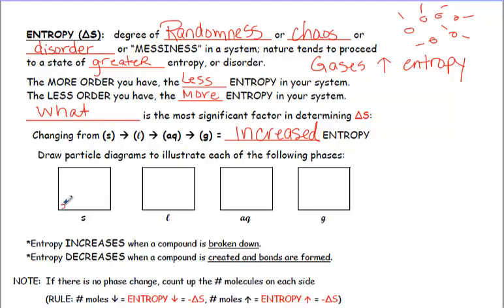So a solid, you would have a nice, compact, ordered system here. Virtually no entropy. A liquid then becomes a little more random. Particles all over the place, on top of one another. That would be a liquid. Then the aqueous phase, we have the same structure as the liquid, but we'd also have other particles in there.